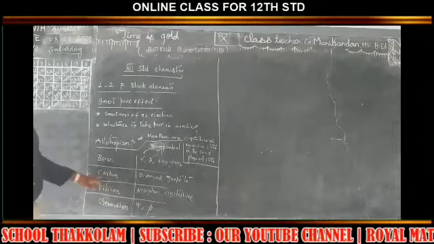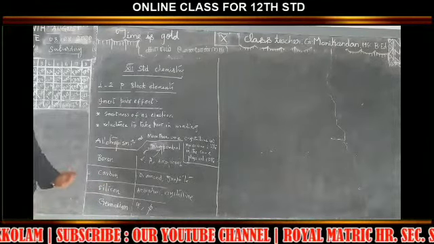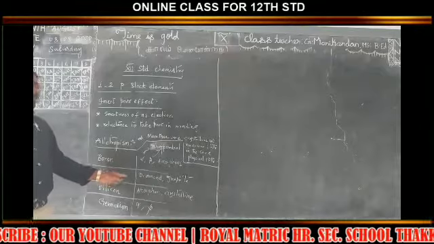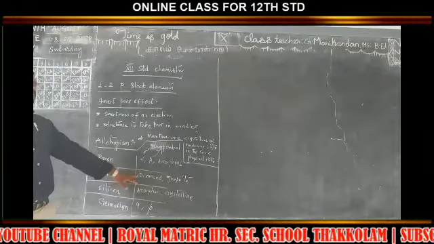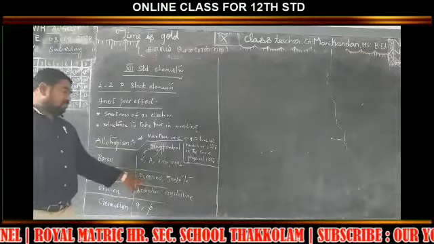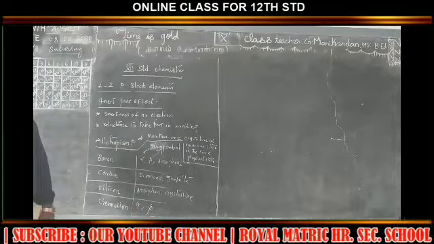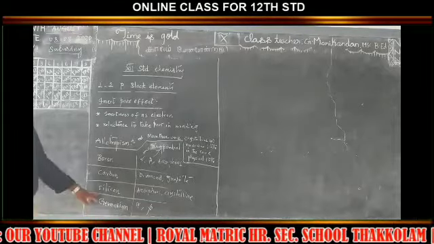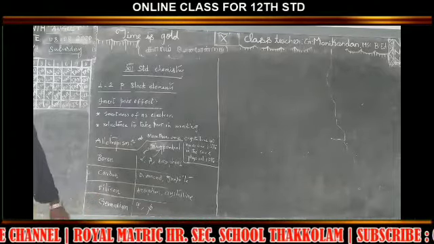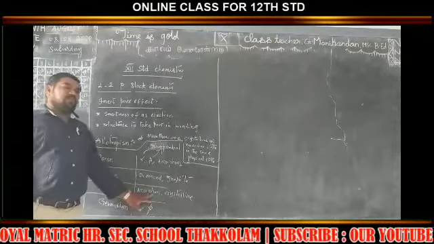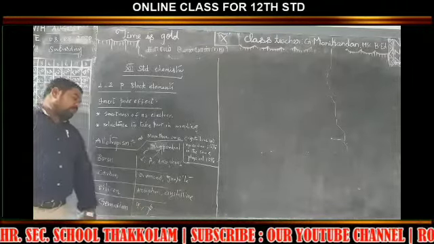Next, carbon, you know very well. Carbon exhibits different allotropic forms: diamond, graphite, and C60. Next is silicon, which can exhibit amorphous silicon and crystalline silicon.